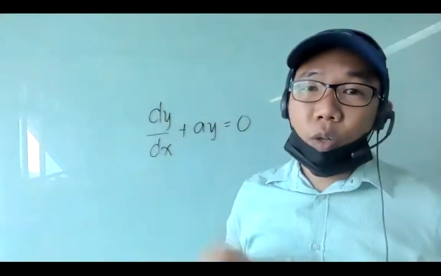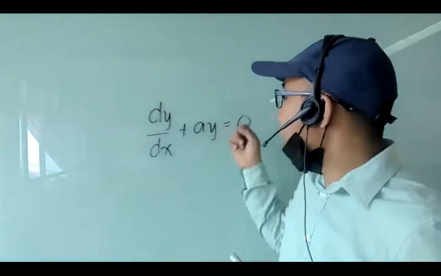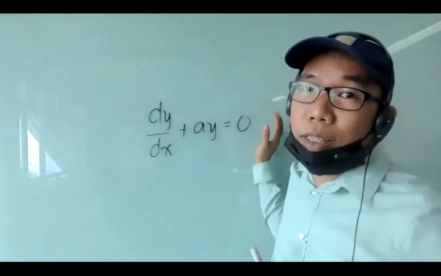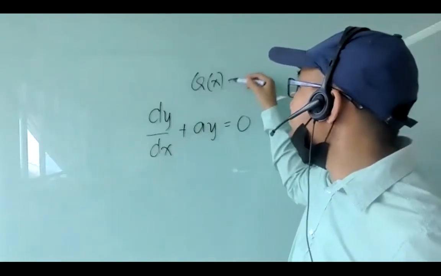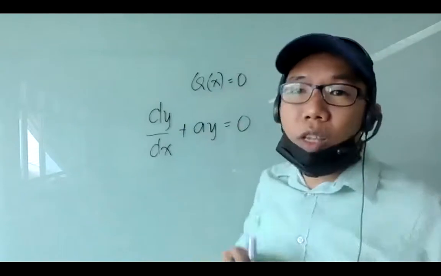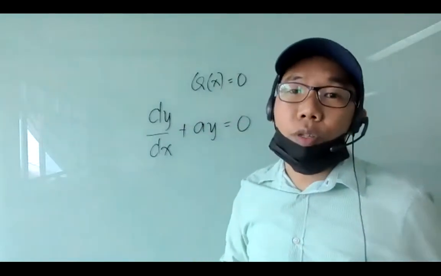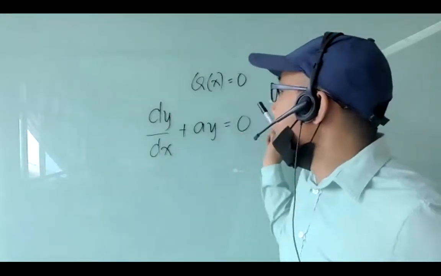So this is a first order linear. It is linear in y and equal to 0. Your right-hand side is 0. That means your q of x on the right-hand side is 0. Any constant is a pure function of the independent variable. In this case, it is 0.